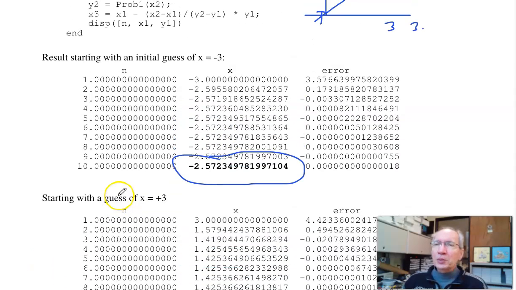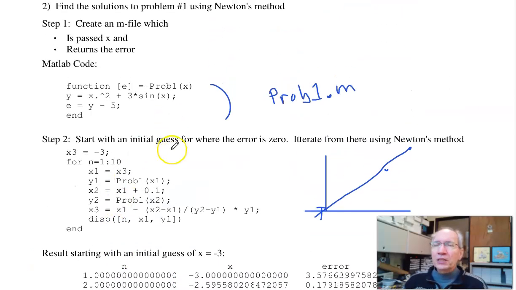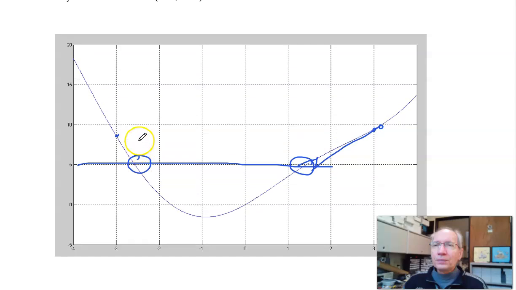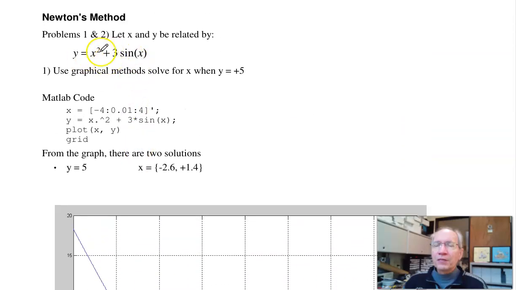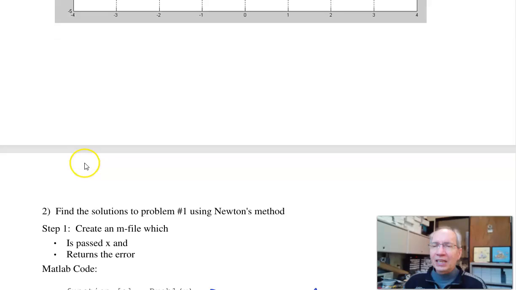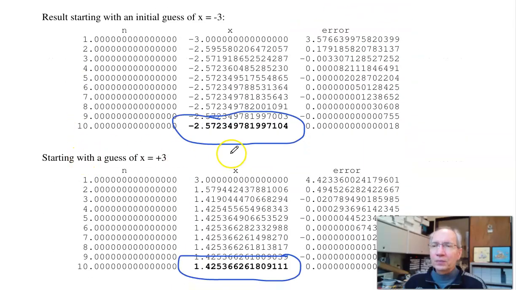When you take algebra, you'll try to solve problems like this by hand. So when this is equal to 5, solve for x. That's what you do in algebra. With Matlab and numerical methods, I can tell you what the answer is. I can iterate, and it will find the solution. Actually, there's two solutions. You can check your answer that way. When I find it out by hand, do I get the same answer that Matlab gives me with a numeric solution?